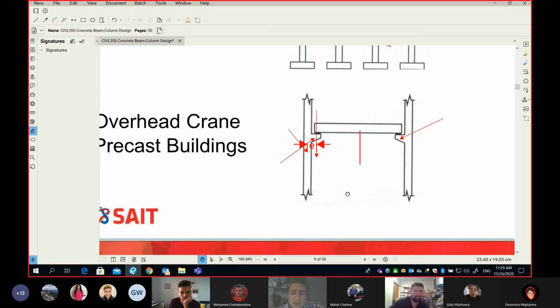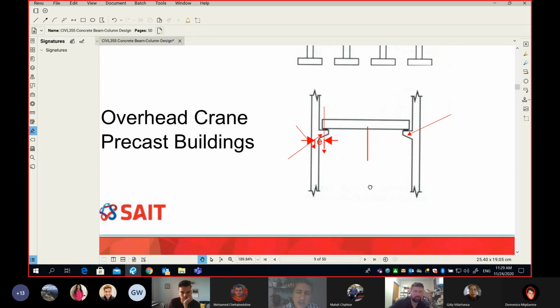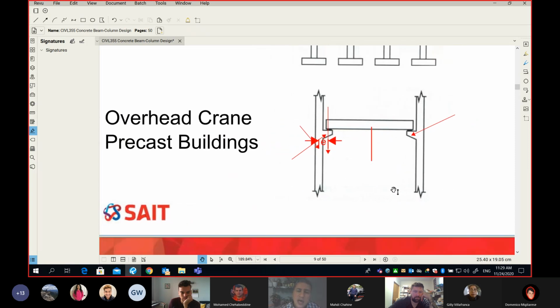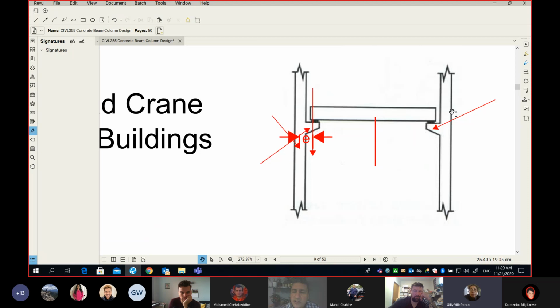One more example is precast. I'm not sure if you've been to a precast garage. I bet you if you went to Chinook, look at the parkade, and you will see it's simply like that. Every column has a haunch or cantilever that comes out from your column, and this cantilever is supporting girders or beams.